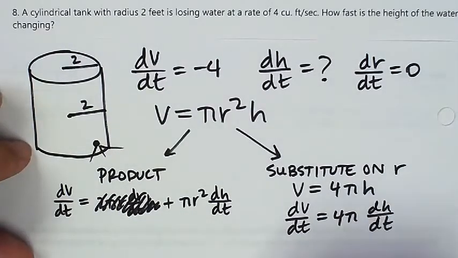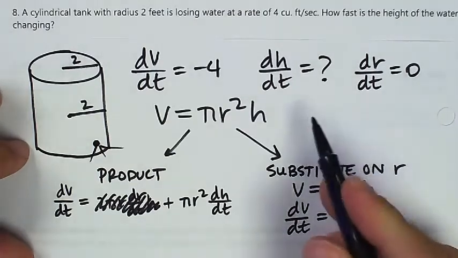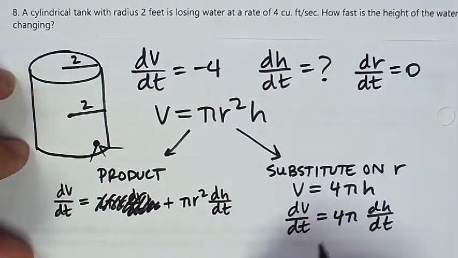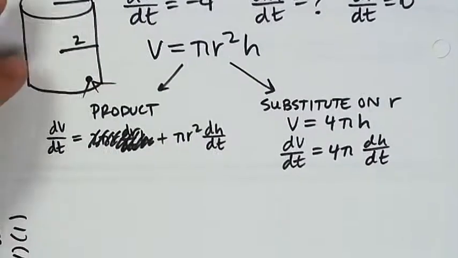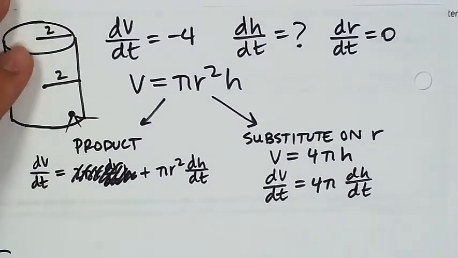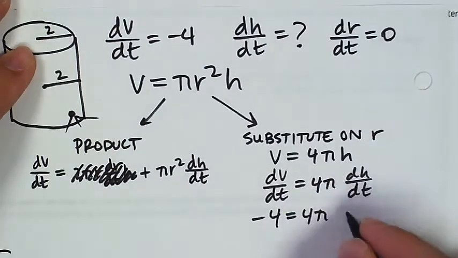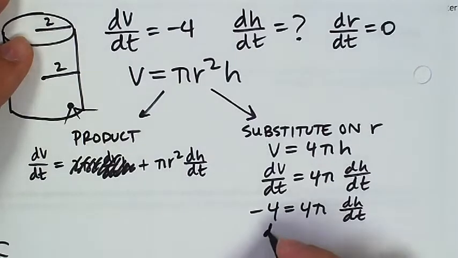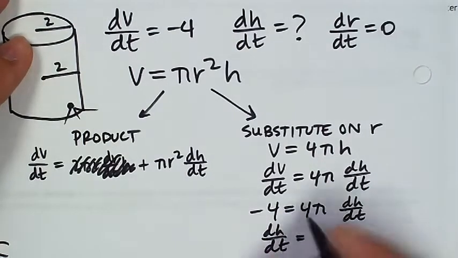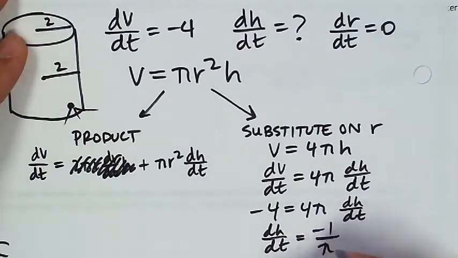It really doesn't matter. Either way, I'm looking for dH/dt. I've got dV/dt is -4. I'm going to cover up the statement of the question. -4 equals 4 pi dH/dt is what I'm hoping to look for. And so I'm going to conclude right here at the bottom of my shot that this is -1 over pi.